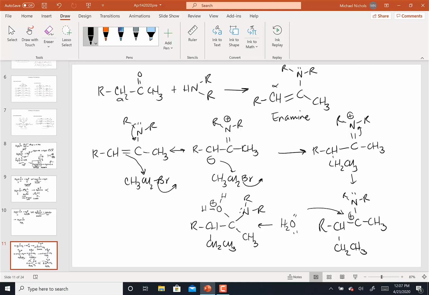Now what's going to happen, we could shorten this mechanism up considerably by just saying the nitrogen's going to get the H plus from the oxonium ion, so that I'm going to end up with my OH and now my N plus.